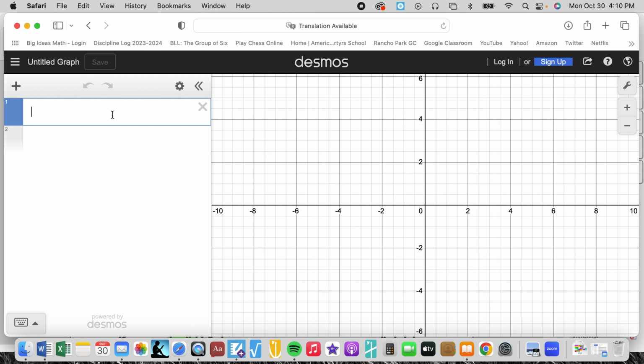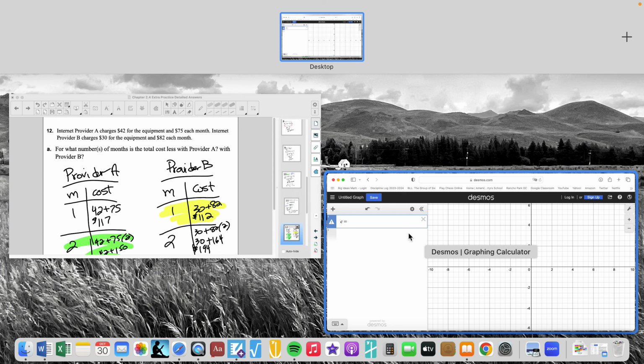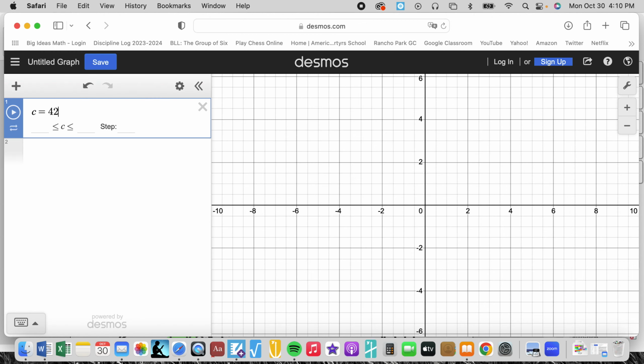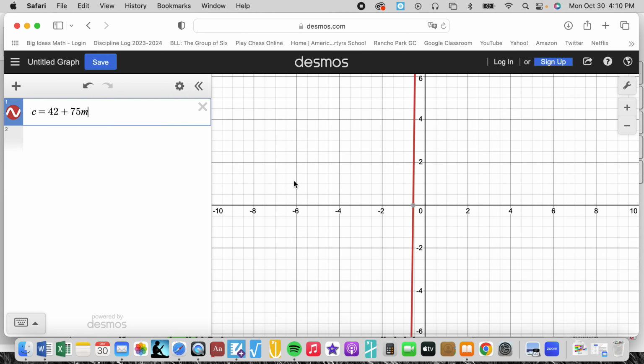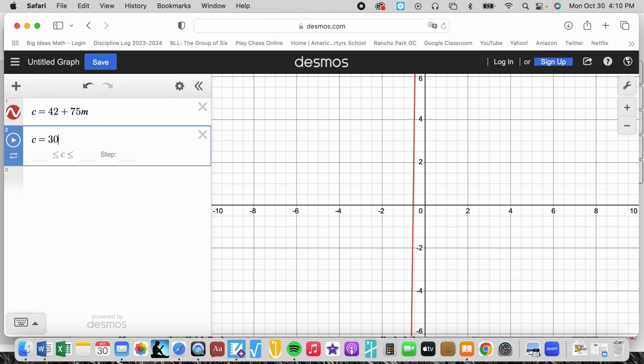So we have cost equals 42 plus 75m, and that creates that graph. So the total cost equals $42 plus $75 a month. And then the other one is C equals $30 plus 80 a month.